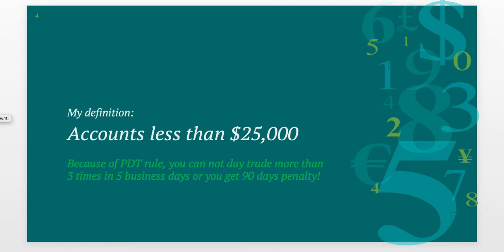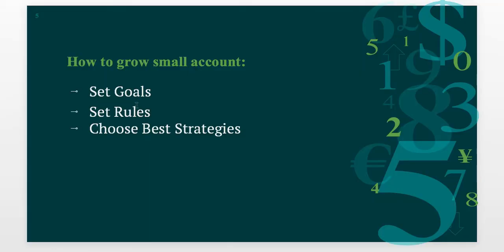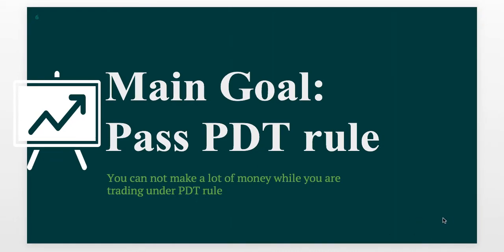So, in order to grow your small account, you need 3 things: set your goal, set your rules, and choose the best strategies you can follow. The main goal for those who have small accounts is just to pass the PDT rule and get to the place where you can trade as many times as you want, because opportunities happen every day, every time.